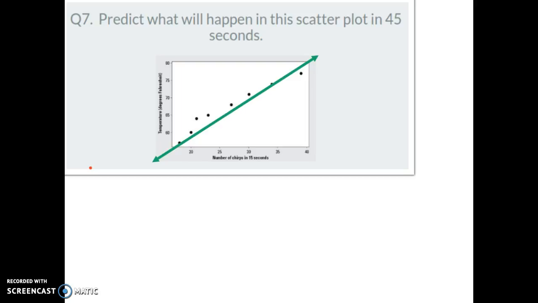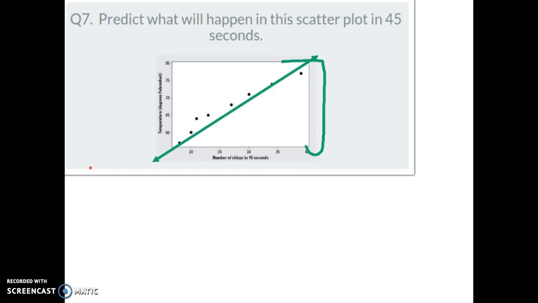So notice that this graph is trending in the positive direction. However, this 45 would be approximately here. So it is touching the line at approximately 80.